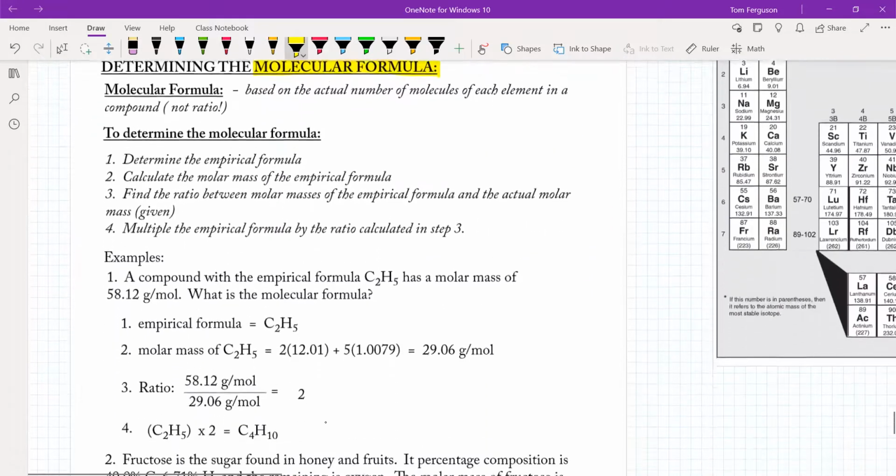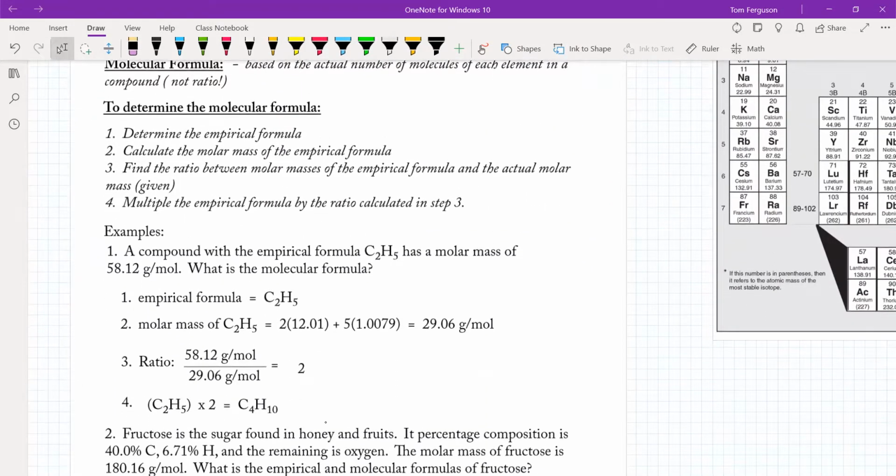All right. Now, the empirical formula is the simplest ratio. The molecular formula is the actual formula. And they can be one and the same.